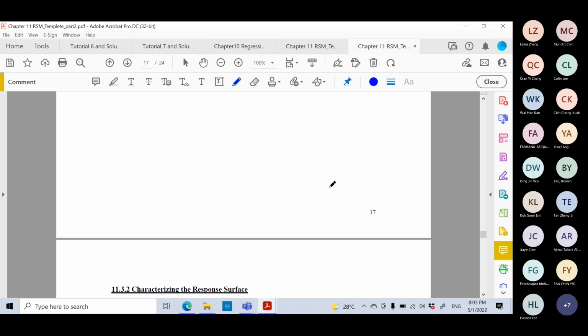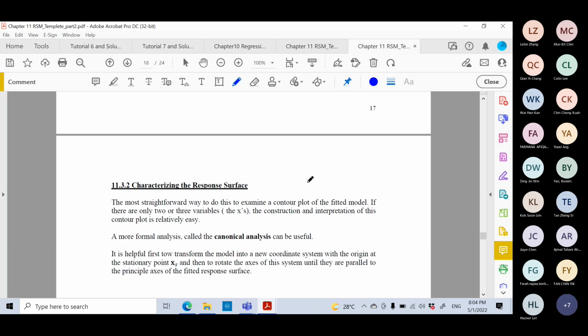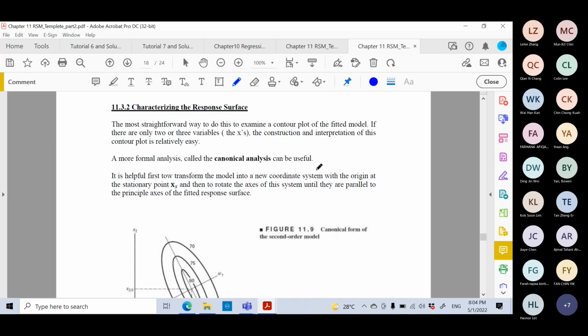To get the optimal solution, we try to categorize the characteristic of the response surface using the following idea. The most straightforward way to do this is examining the contour plot of the fitted model. But unfortunately, we are not going to draw the contour plot.